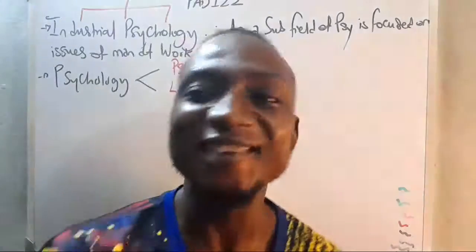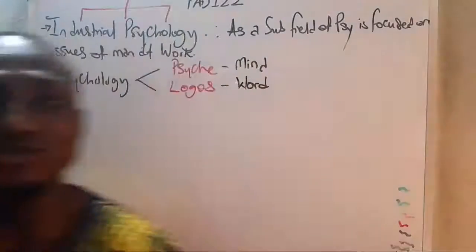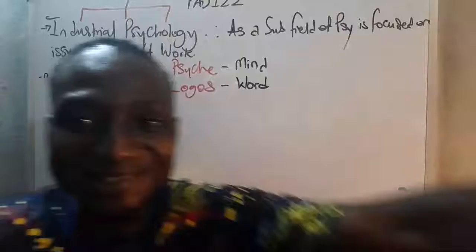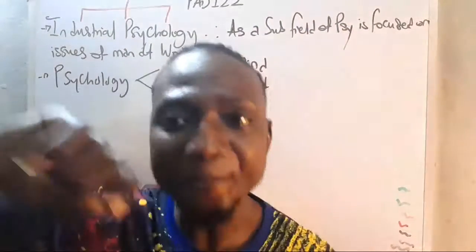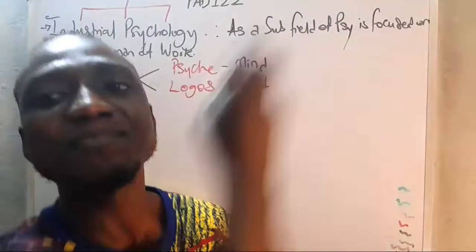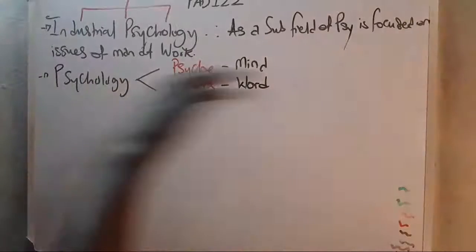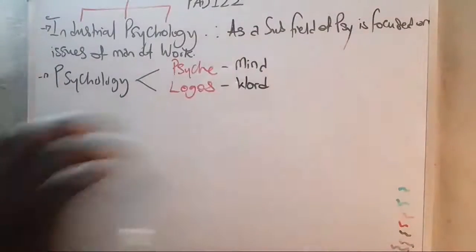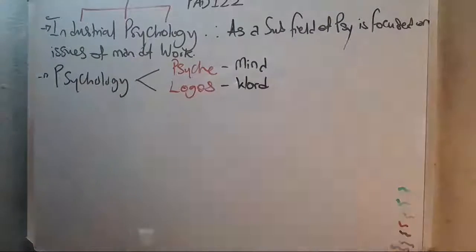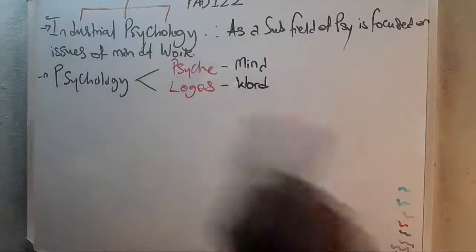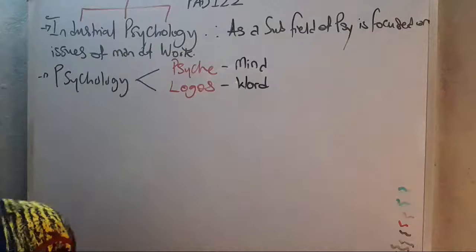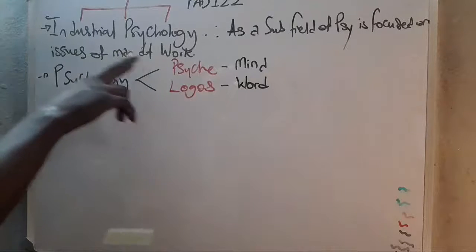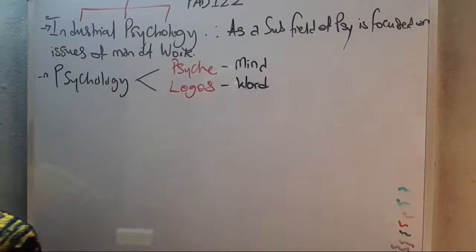Nobody behaves anyhow without something prompting it. There is an impetus that prompts certain behavior, and it is those impetuses that psychologists look into. But now, it is not in the aspect of the place of work, not generally. And that's where we have industrial psychology.